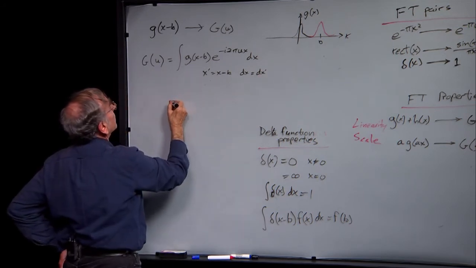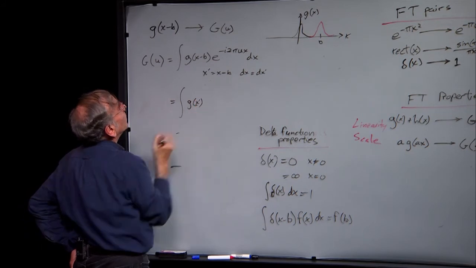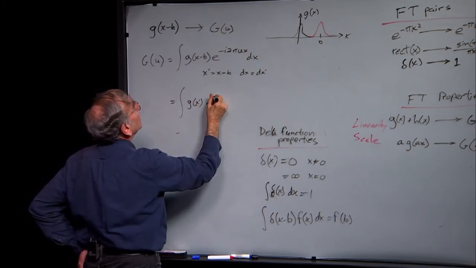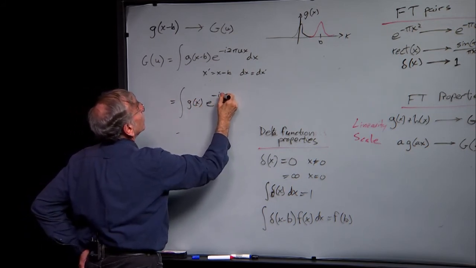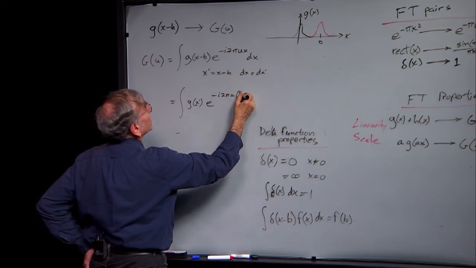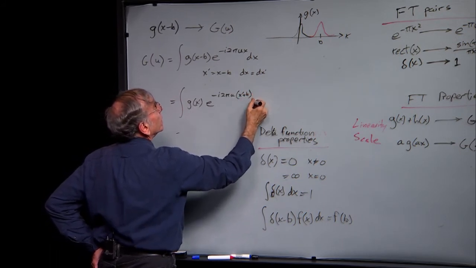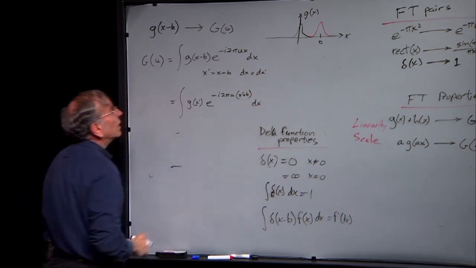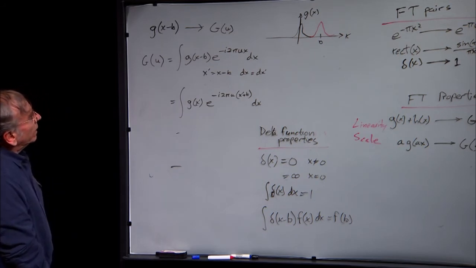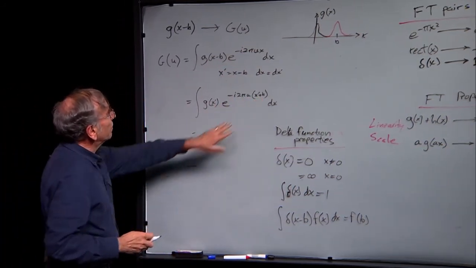And so this is exactly the same integral, except that now I have g of x prime, e to the minus i 2 pi u times x prime plus b, all times dx. So it's almost exactly the same, except I've got this b up here in the exponent.